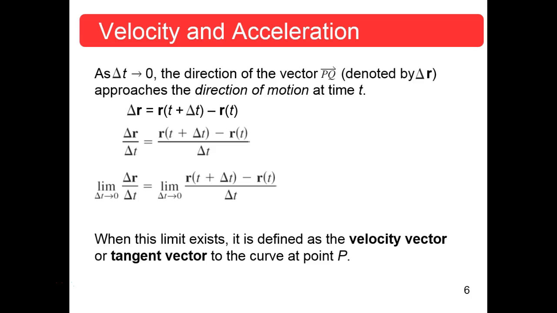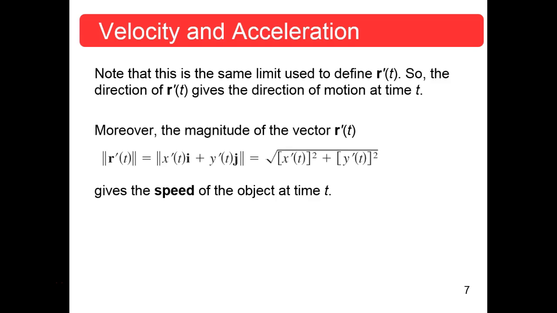Delta r is r of t plus delta t minus r of t, and when you divide that by delta t and take the limit, when that limit exists, it is defined as the velocity vector or the tangent vector, both names are right, to the curve at point P.